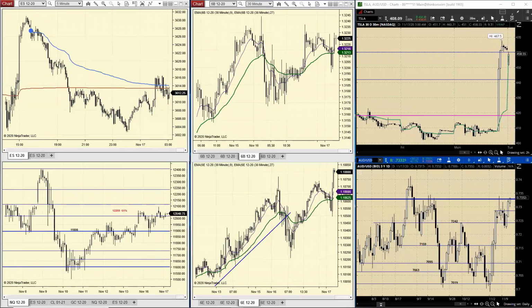And you can see here, Tesla's shot up. It's going to be included in the S&P 500, so the anticipation is portfolio managers would have to buy it. And so we saw a pretty big move here.